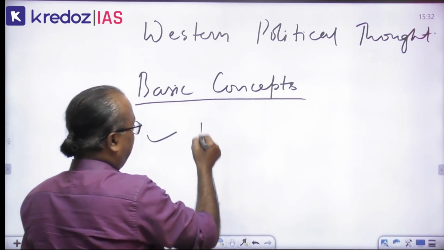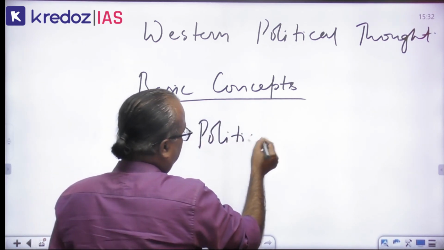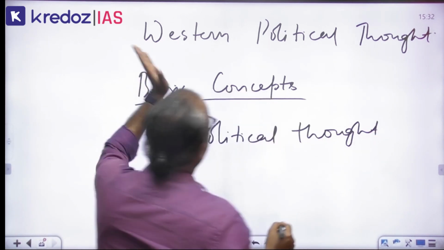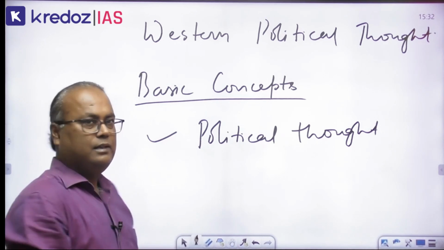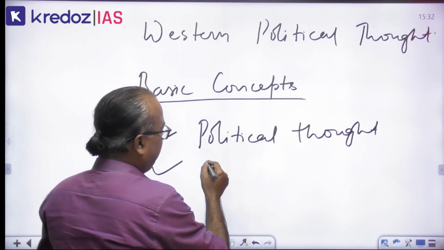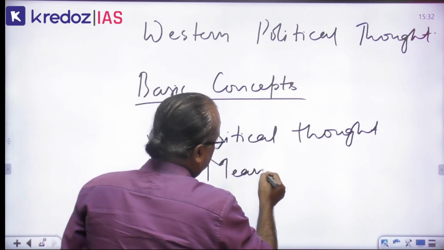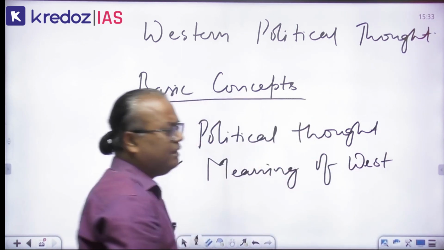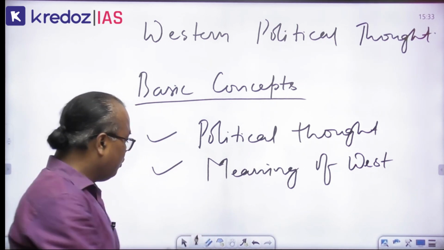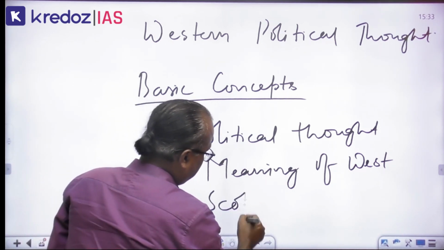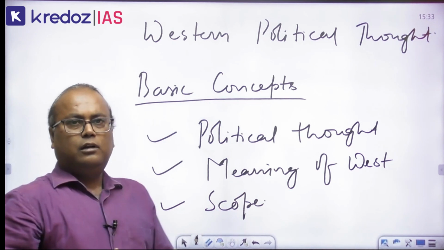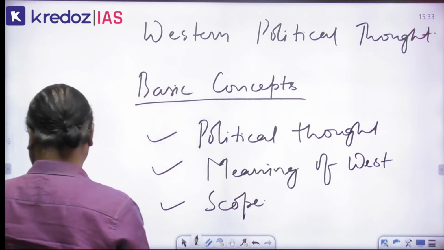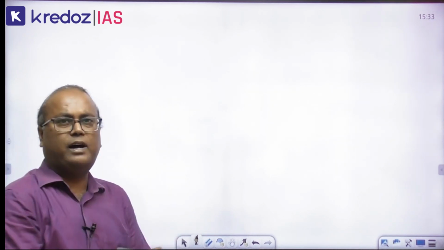What is political thought again, but from the Western political perspective. For that purpose, we have to understand what is the meaning of West, and what is the scope of Western political thought.